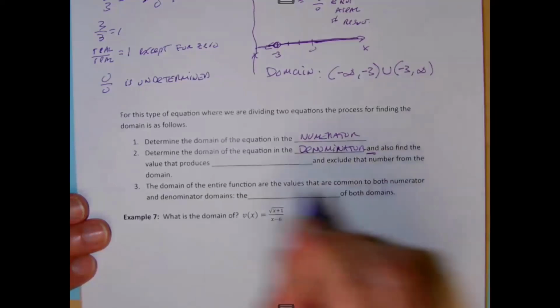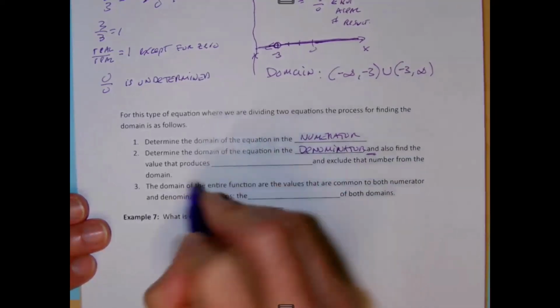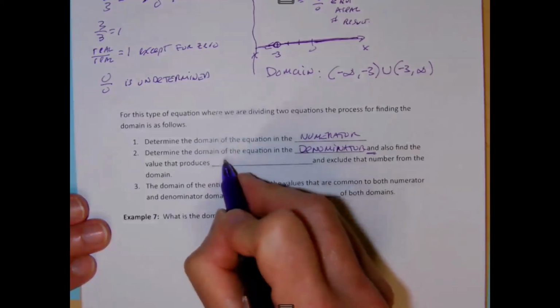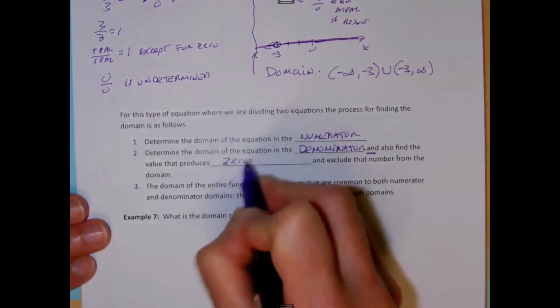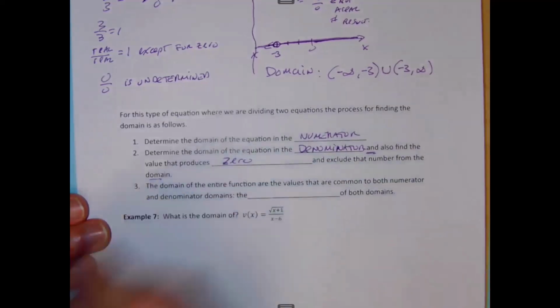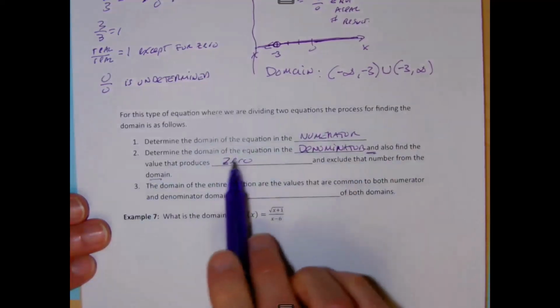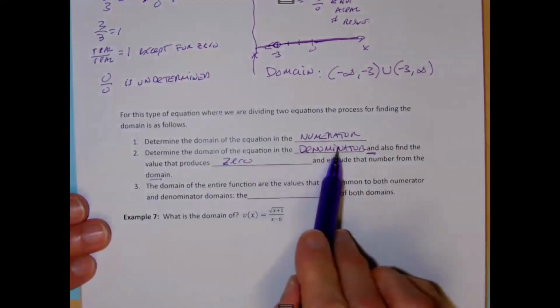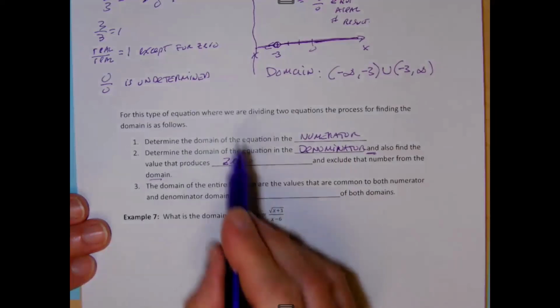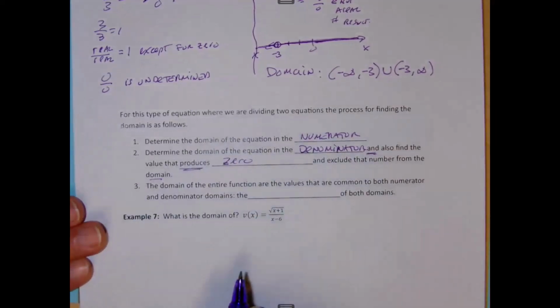And also find the value that produces a zero, and exclude that number from the domain. So we have to find the domain of the denominator, but also figure out what causes the output to be zero.